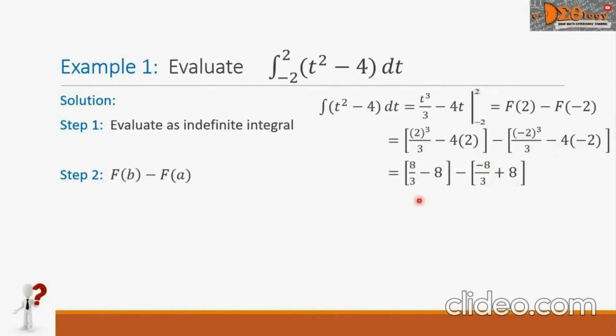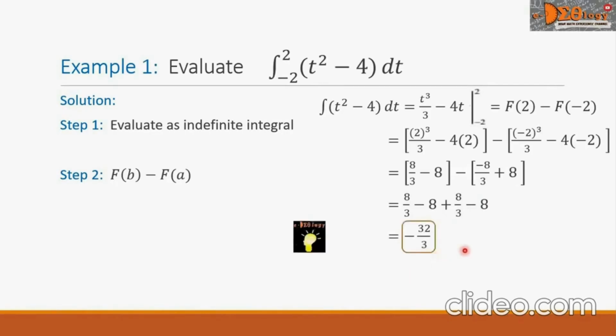Let us now remove the grouping symbol, and considering the second group is preceded by a negative sign, we're going to change the sign of the terms of the second group. So we have now this 8 over 3 minus 8 plus 8 over 3 minus 8. We will now simplify these numbers into negative 32 over 3. This is our final answer.